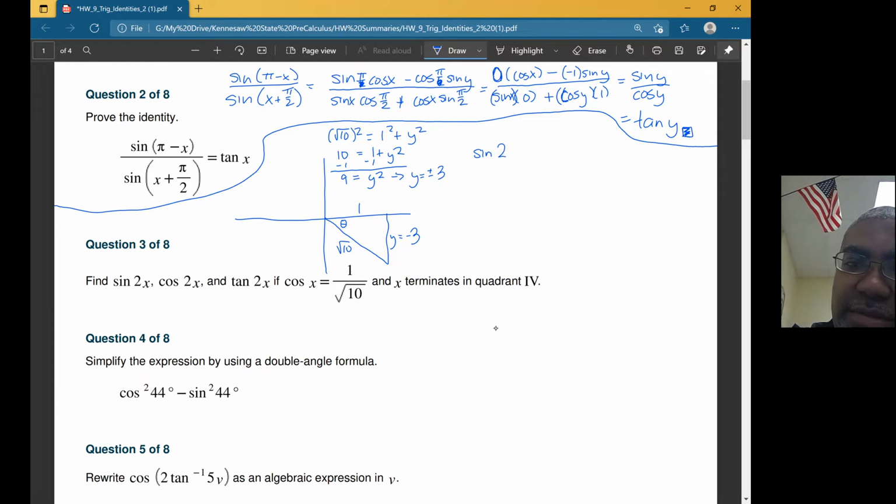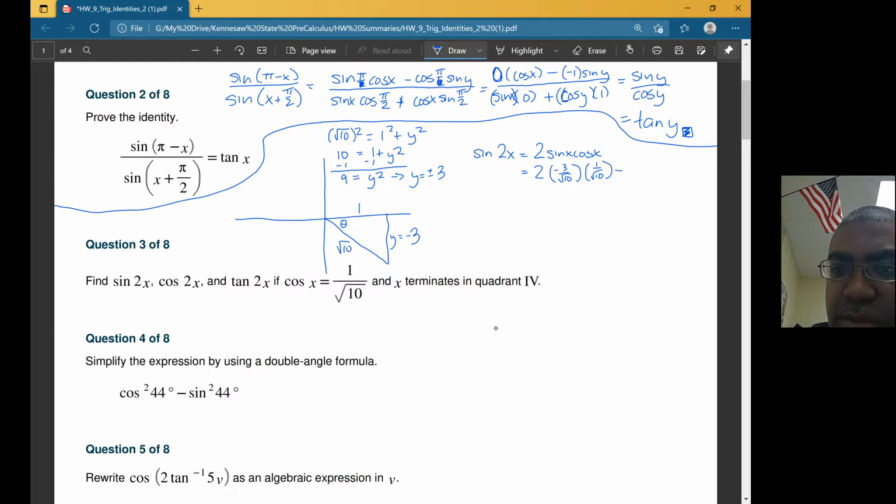Sine of 2x, or 2 theta, is equal to 2 sine x cosine x. In our case, it will be 2 times sine of theta, which is negative 3 over root 10, times cosine of theta, which is 1 over root 10.